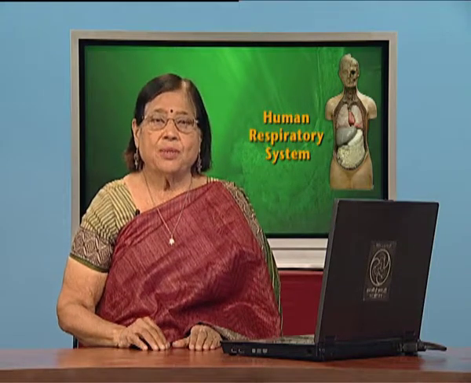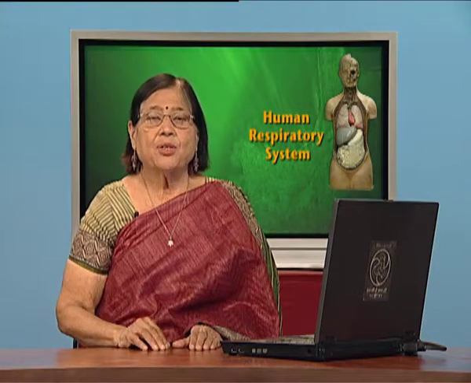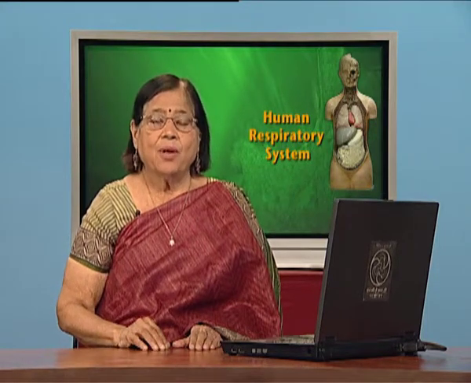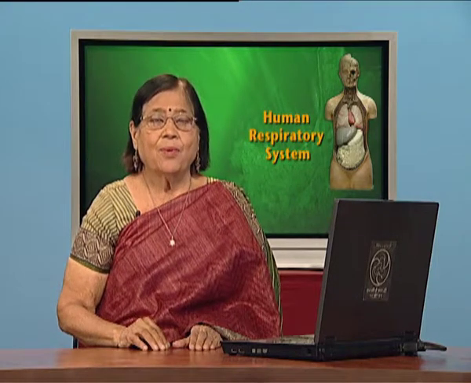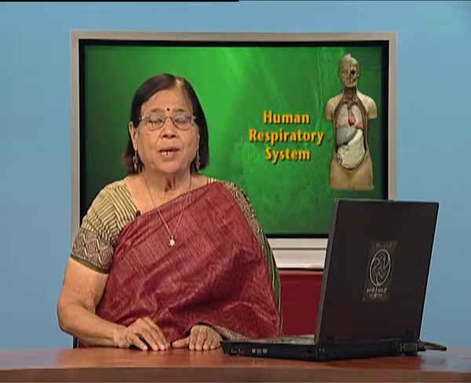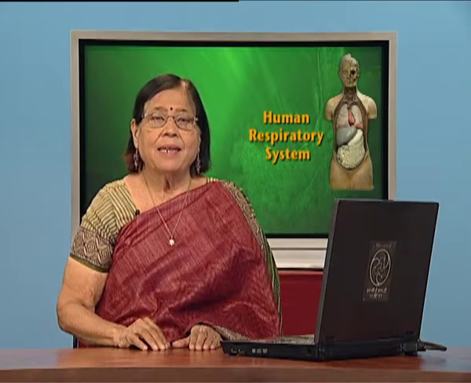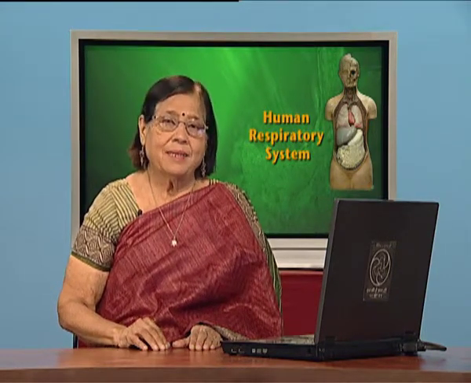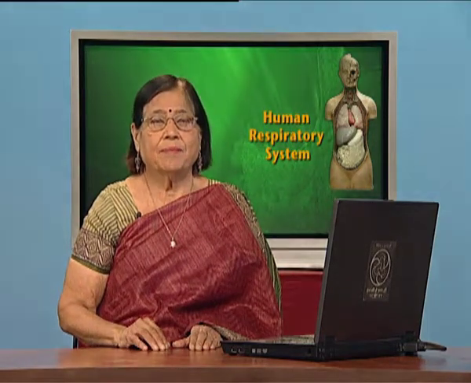It is interesting to note their placement in the thoracic cavity in relation to heart in the center, and also the diaphragm and its utility, and how expiration and inspiration will take place and how breathing movement will go on. That is what we will see in this particular model. Let us now walk up to the model and see the placement of various respiratory organs in our body.